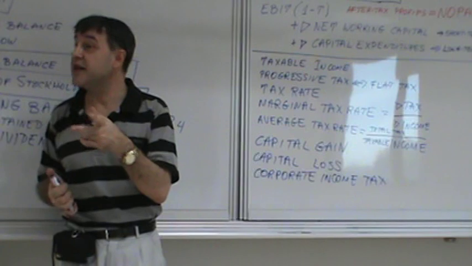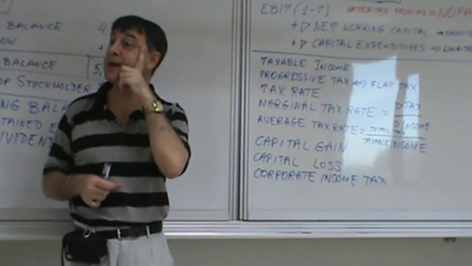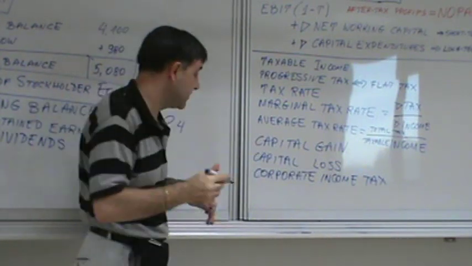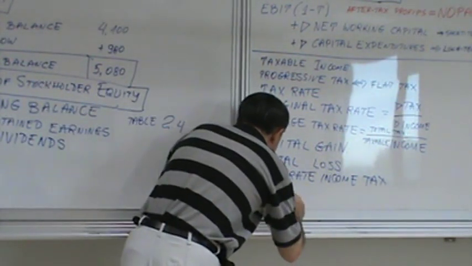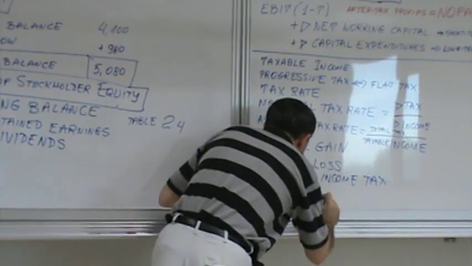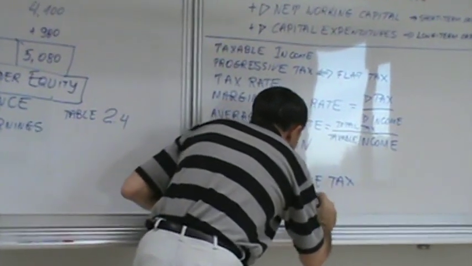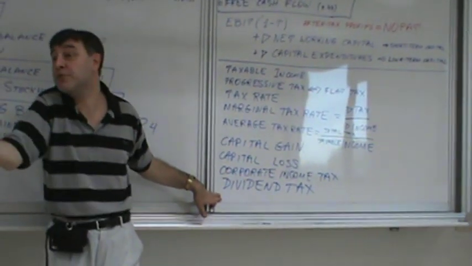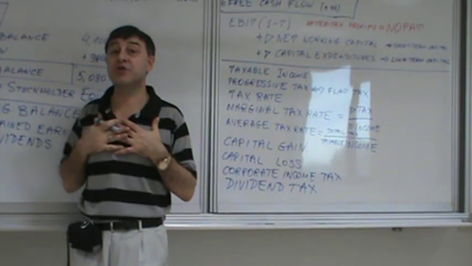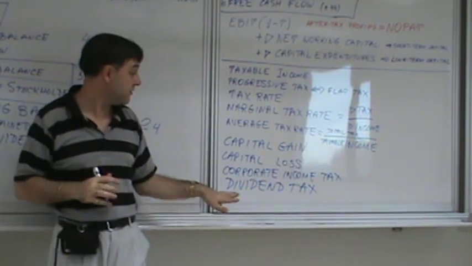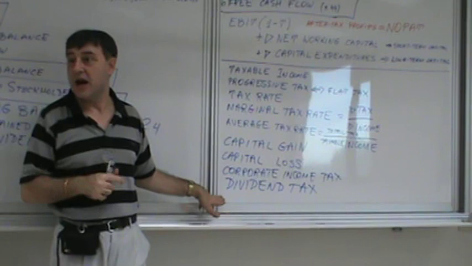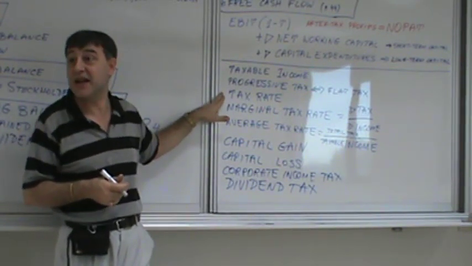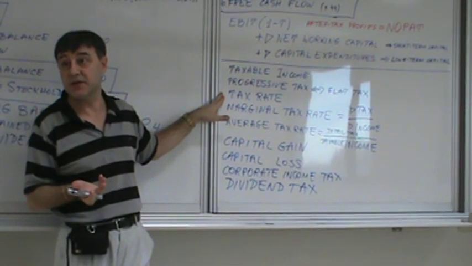And finally, some countries have and some countries don't have what is simply called a dividend tax. And the dividend tax is simply a tax on corporate dividends. My home country, Bulgaria, has got no dividend tax, okay? Other countries do have special tax rates. They have a special tax rate for corporate dividends, okay?